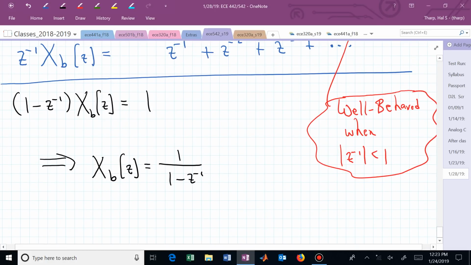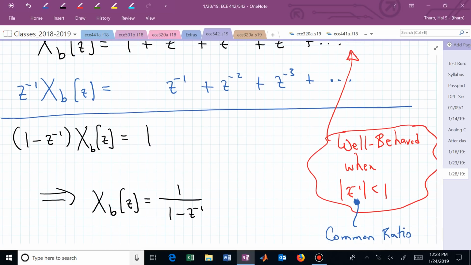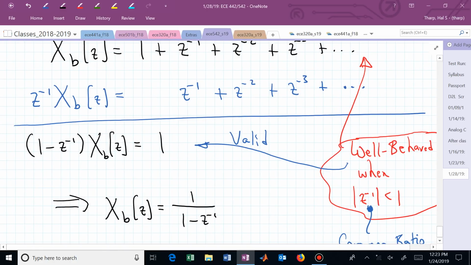This is what I keep calling the common ratio, the common factor between all of these terms. And that's the only time that this is even valid. The only time we can say that this is going to be valid is when it's well behaved.